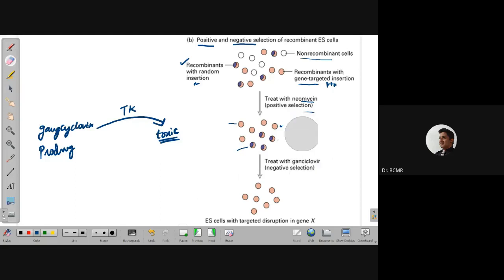I reversed it. So let me correct myself. These are the ones with the homologous recombinations, no thymidine kinase. These are the non-homologous recombinants. These have thymidine kinase.